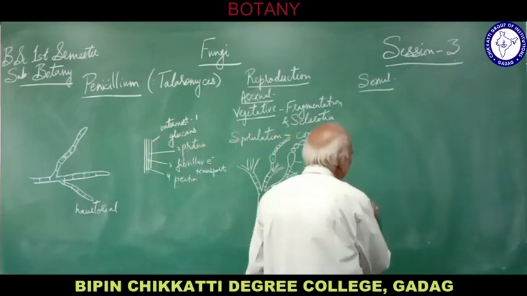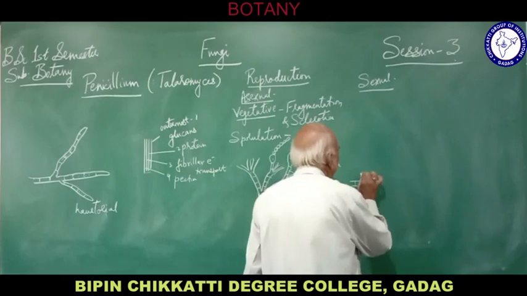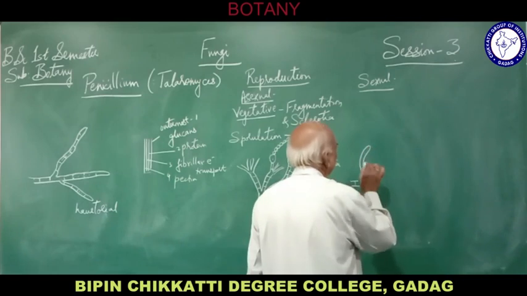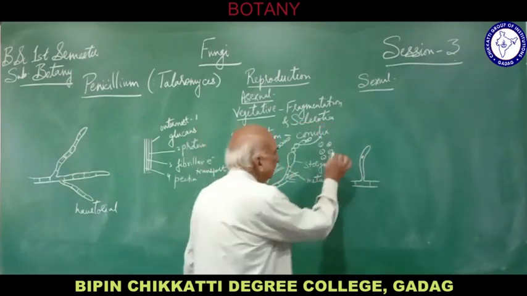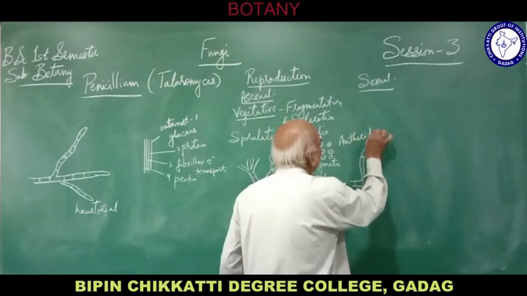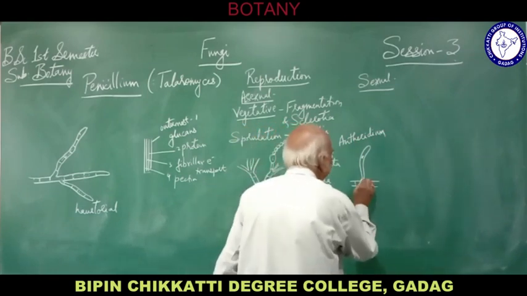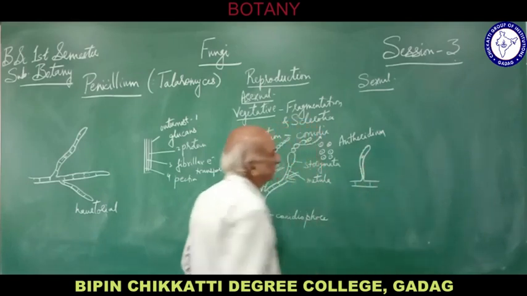Suppose this is the hypha. Any cell of the hypha produces a simple antheridium like this, which has a single cell. Suppose this is the antheridium which is produced by the hypha.